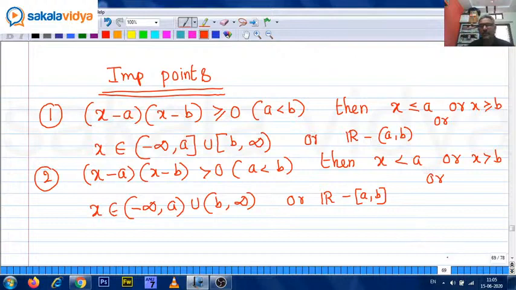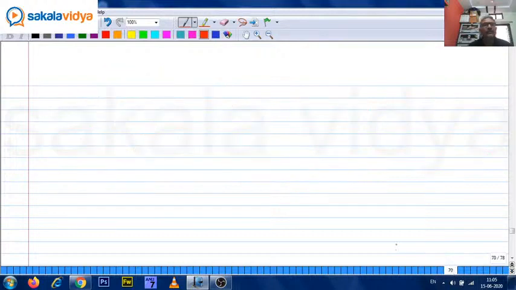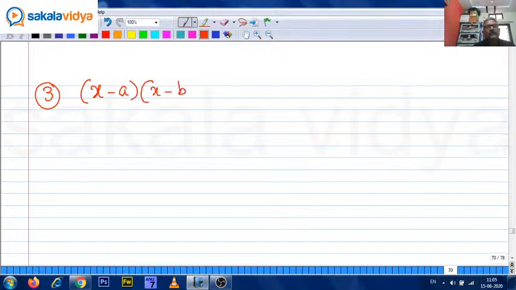So next point. Third point. x minus a into x minus b less than or equal to 0, a less than b. Yes, really useful, Lakshmi Manoj. Right.